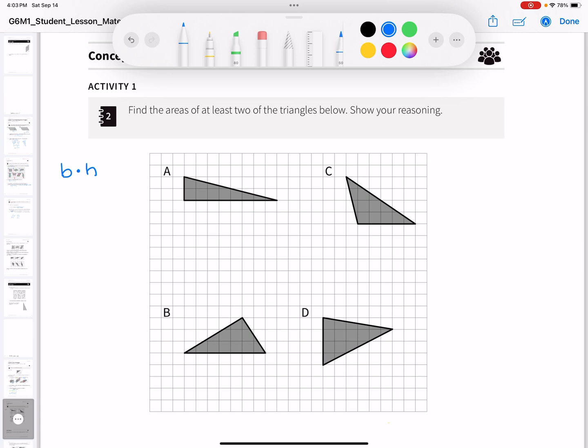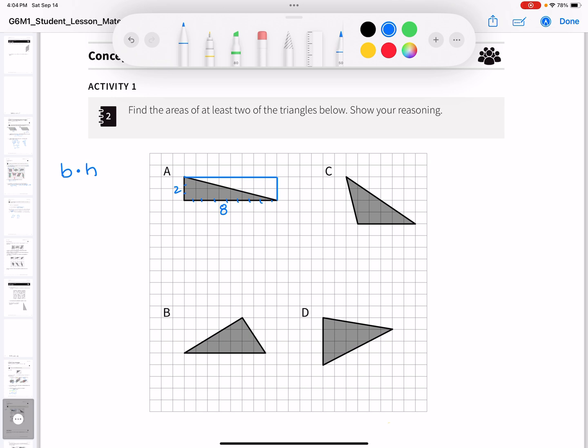I have a triangle, but we do know that we can make copies of triangles to make a parallelogram. So the base is 1, 2, 3, 4, 5, 6, 7, 8, and the height is 2. So we have 8 and we have 2. And I can draw a matching identical triangle on the other side like this. 8 by 2, right? And so we can find the area of this parallelogram.